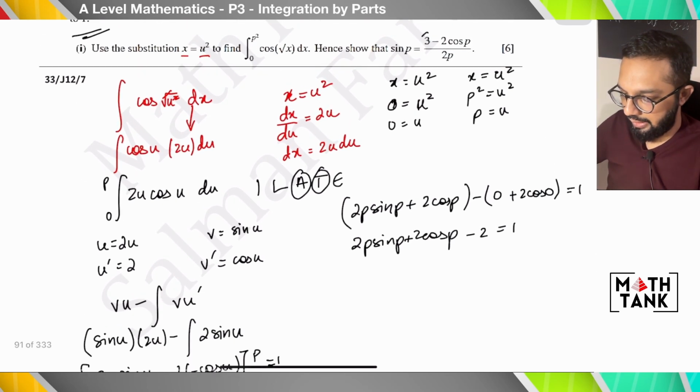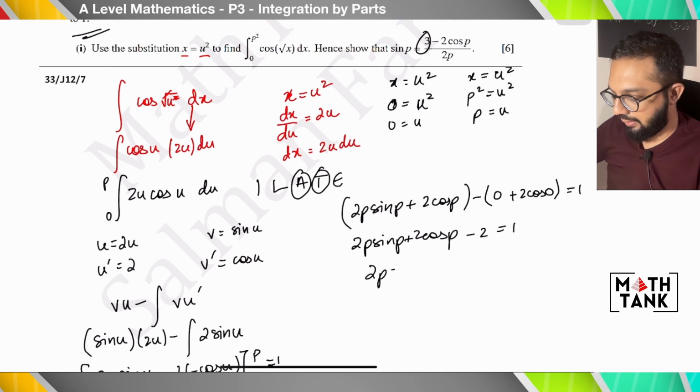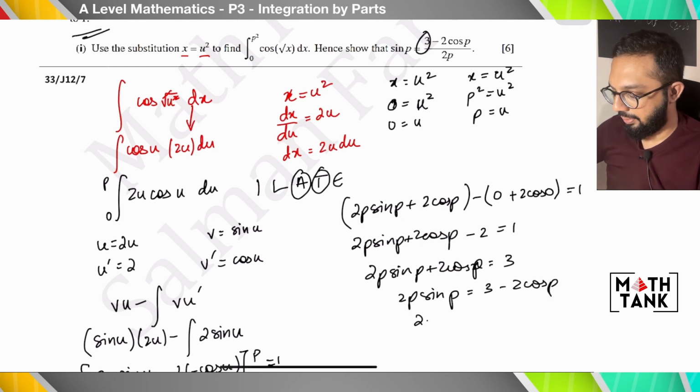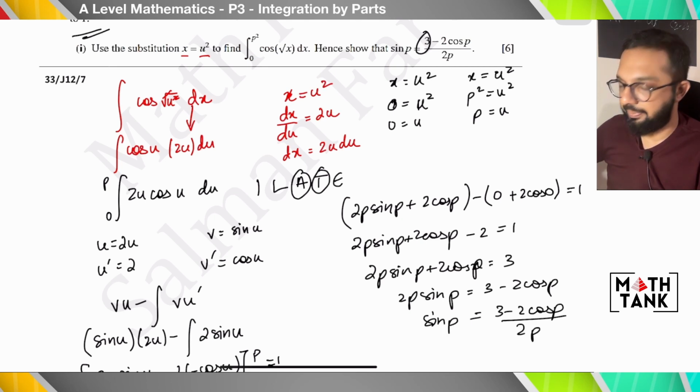Yeah, I have 3, that's what I'm getting as well. So 2p sine p plus 2 cos p equals 3. So 2p sine p equals 3 minus 2 cos p, so sine p equals 3 minus 2 cos p over 2p.